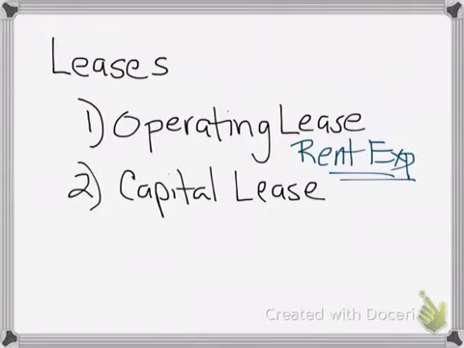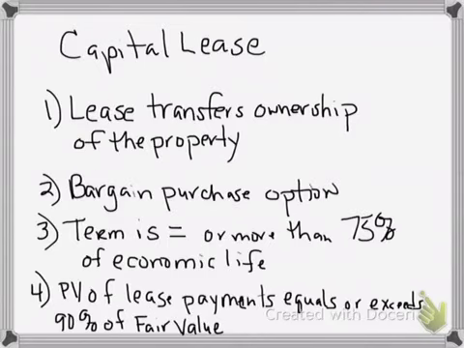The second lease that we have is a capital lease. Now, in order to have a capital lease, we have to meet a couple of things. The first one is that the lease will transfer the ownership of the property. We have to have a bargain purchase option. Now, a bargain purchase option is if at the end of the lease you can purchase it for $1, that would be a bargain purchase option because it's probably worth more than $1.